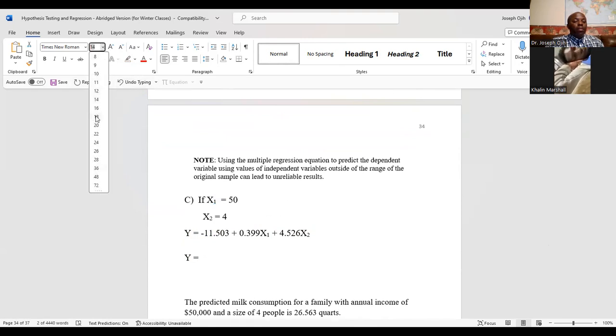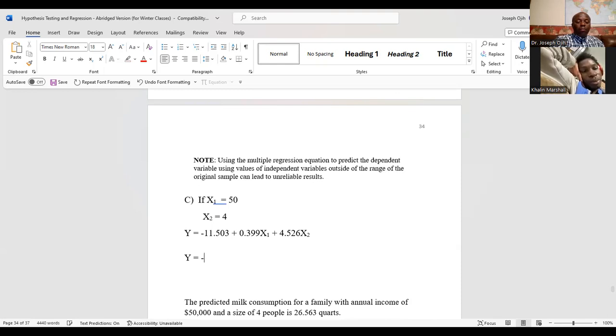So y becomes negative 11.503 plus 0.399 for X1, I got 50, plus 4.526, not in parentheses.